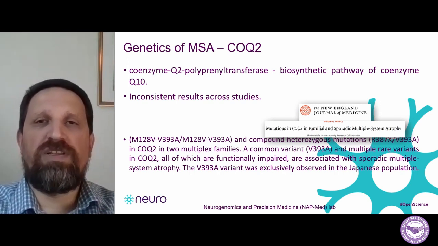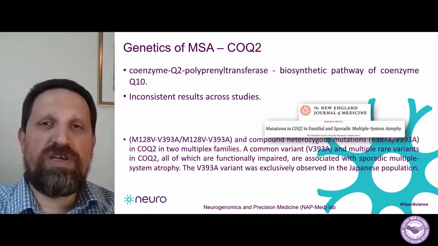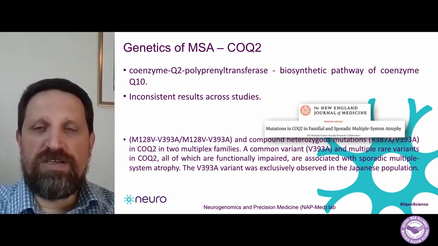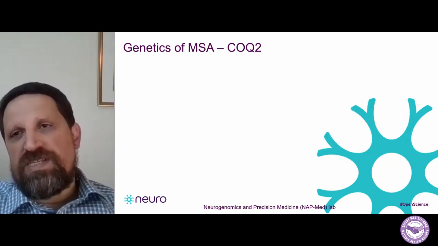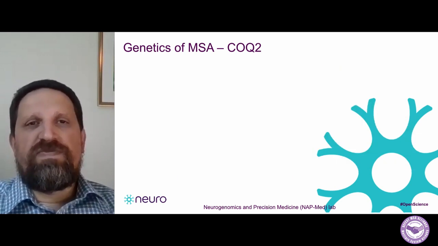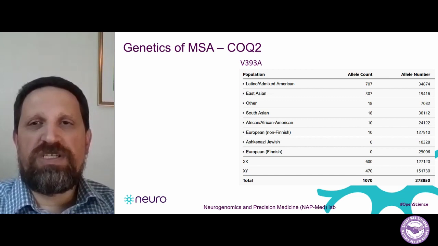This paper was done in the Japanese population, and the authors reported that this variant, V393A, is unique to this Japanese population. But since then, we have learned that this variant can be found in other populations. This is taken from a website called gnomAD, where you have genetic data on multiple populations.